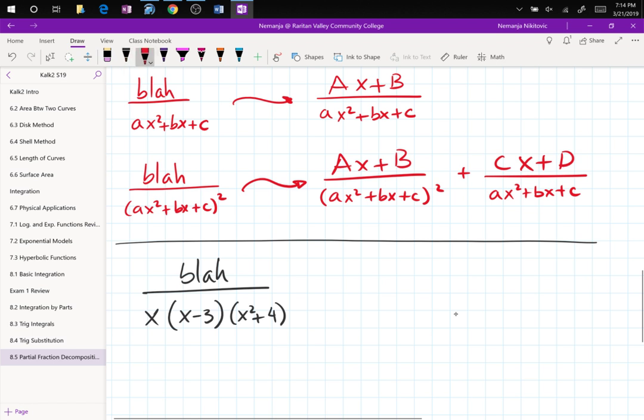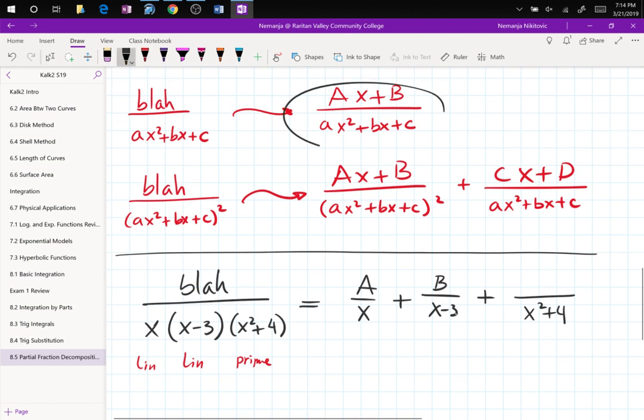Well, the first one is linear, the second one is linear, and the third one is prime. For linear, I have A over linear, plus the next one is linear, B over that linear, which is x minus 3, and the third one, plus that's x squared plus 4. Now A and B are both used up, so Cx plus D.